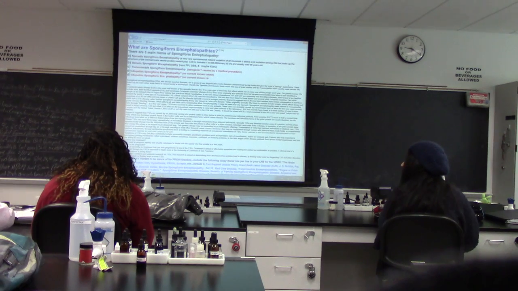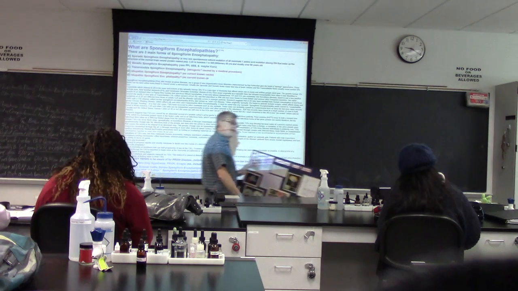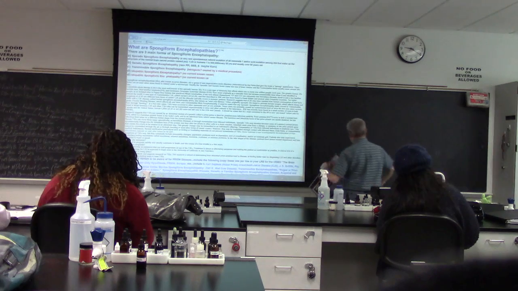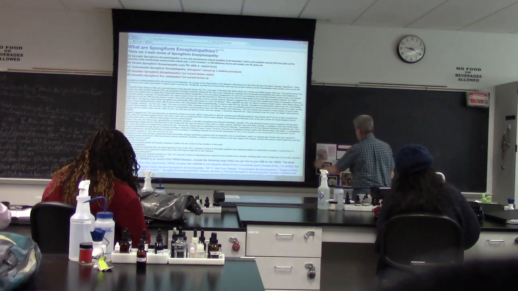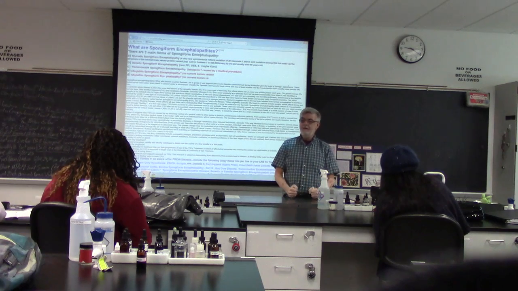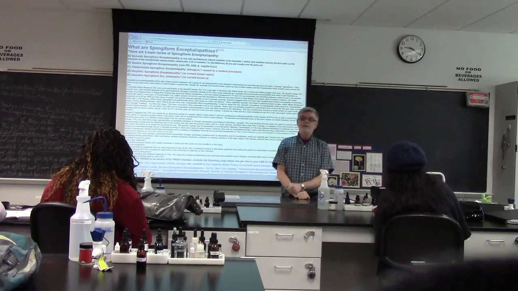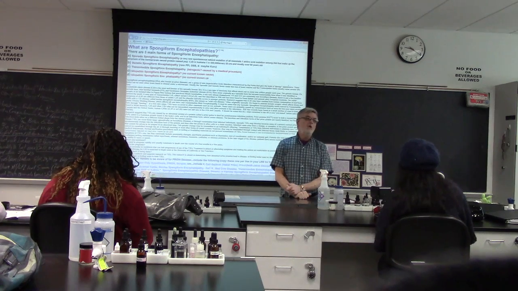Holes. Right. Holes like a natural sponge has holes in it, or like Swiss cheese. That's spongiform. And encephalopathy, pathy means disease of. Encephalo means brain. So it's a brain disease where you get holes in your brain.